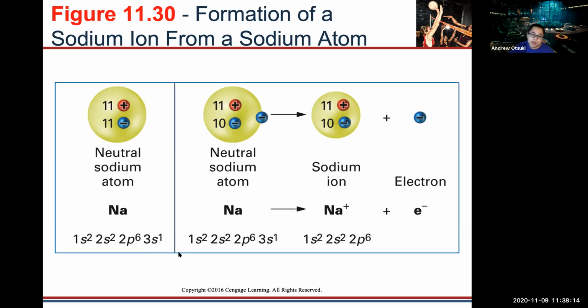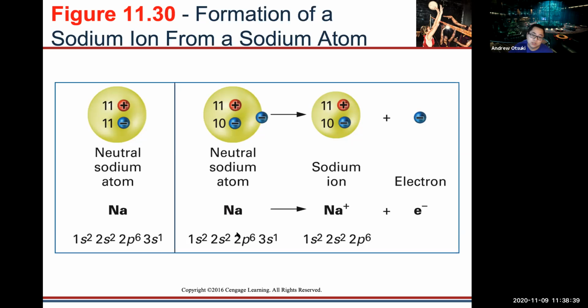So remember, when we eject an electron, the most accessible electron is the one in the highest outermost energy level, the principal energy level in the s and p orbitals. So here, our highest principal energy level is the 3 level, n equals 3, and we have 1 electron in the s orbital.